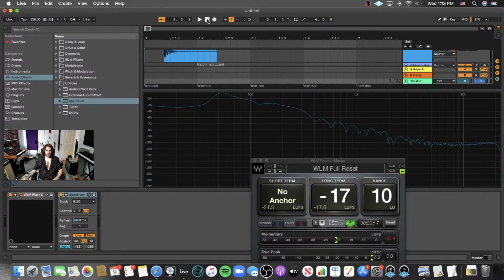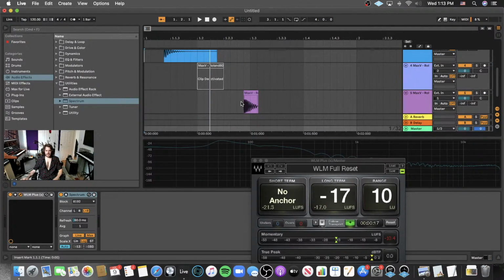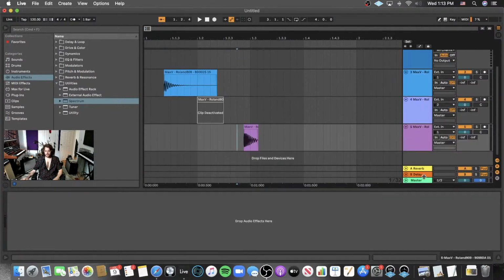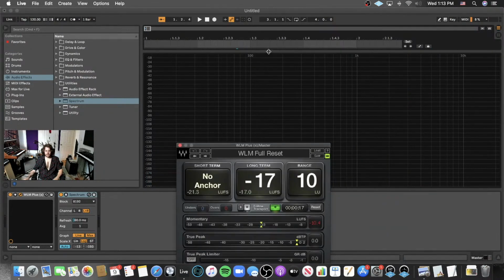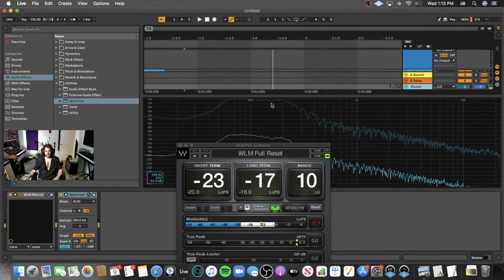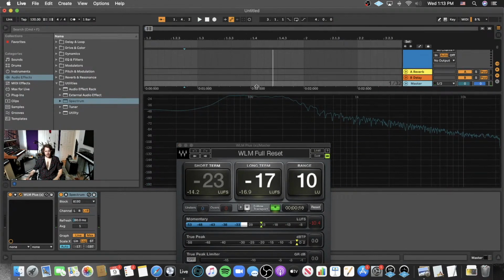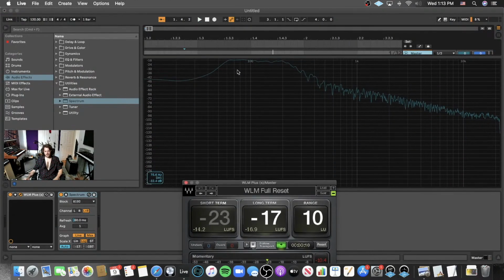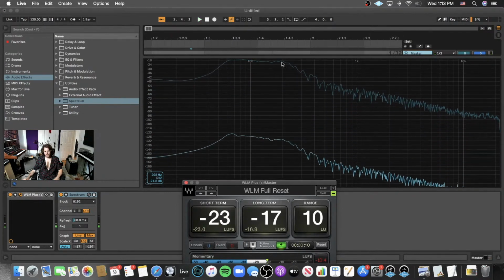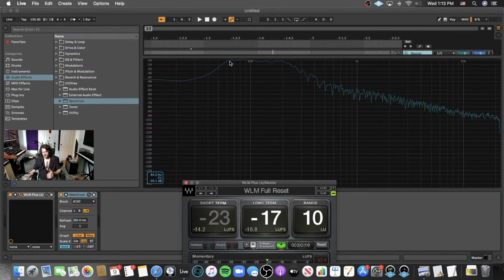Now, if we look at the next kick, make this as big as possible. All right, what we're going to see is a significantly louder overall volume here in this low frequency area, right? And this is a higher pitched kick, and it has more high frequency detail in it, right?